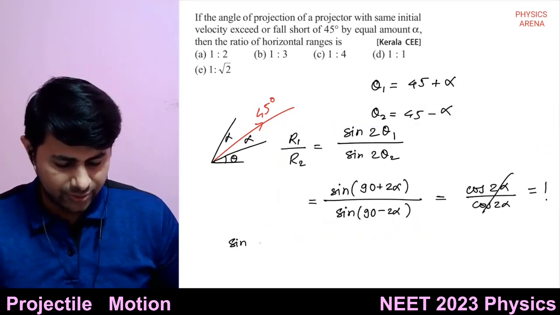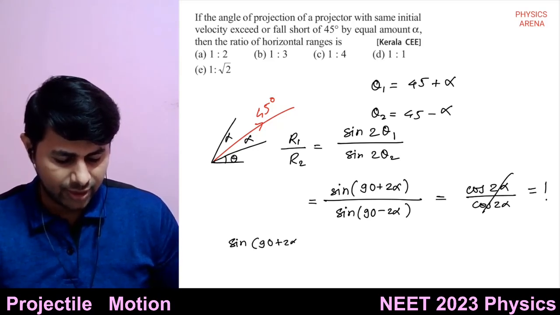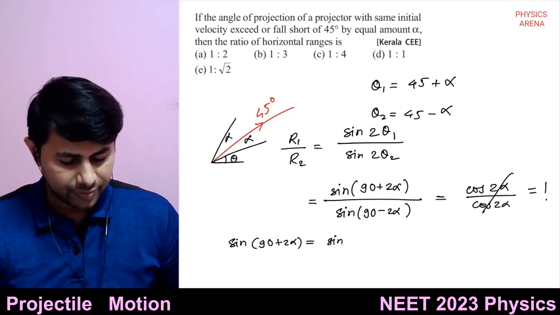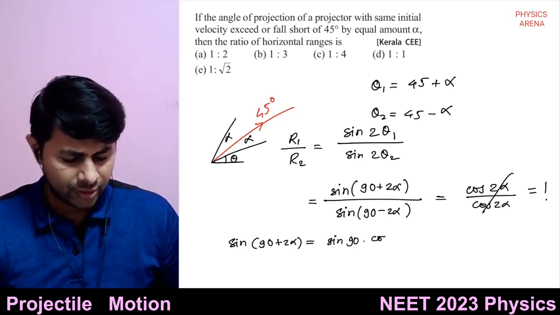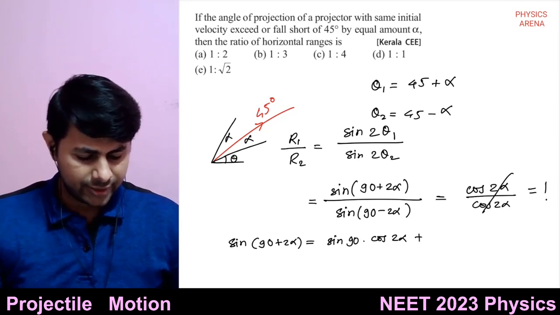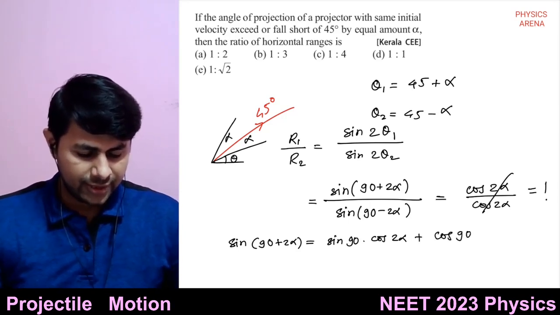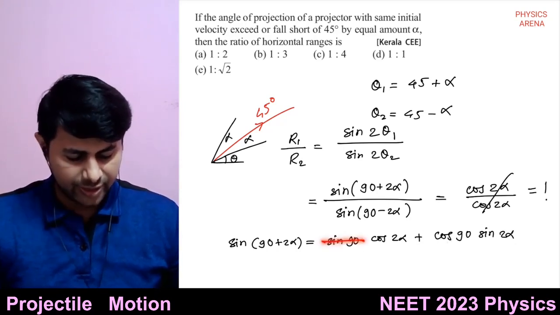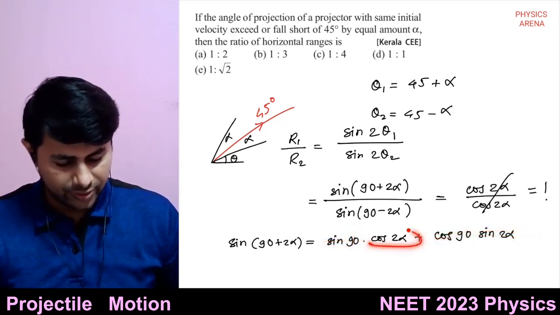The sine of 90 plus 2 alpha, using sine of a plus b, is sine 90 cos 2 alpha plus cos 90 sine 2 alpha. Cos 90 is 0, sine 90 is 1, so the second term vanishes, and it is cos of 2 alpha.